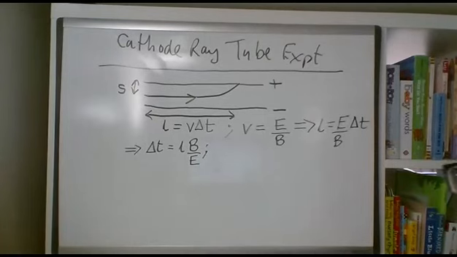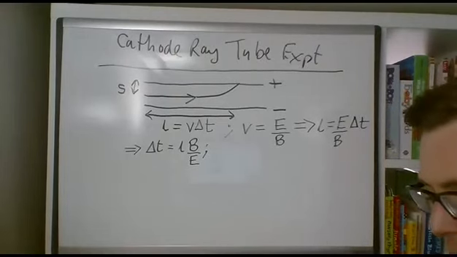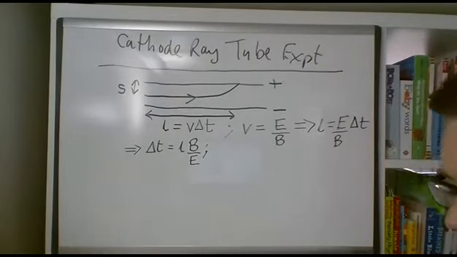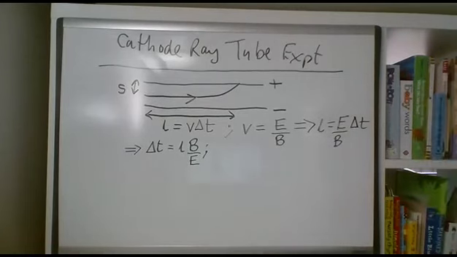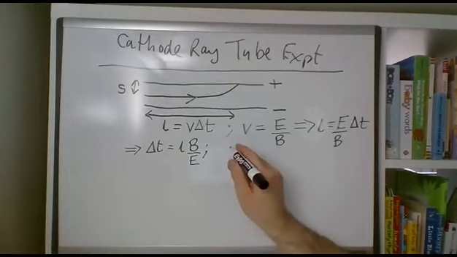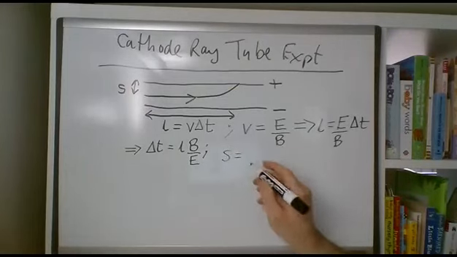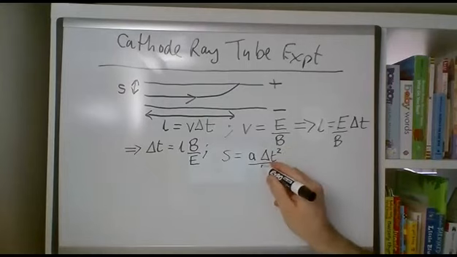Now, from kinematic equations, which we won't derive because it would be more than a Chem 65 would request, I'm just going to state one of the conclusions. If you're familiar with them from physics, that's great. If you're not, no worries. From kinematic considerations, we know that this deflection S is equal to the acceleration of the cathode ray times the time of flight squared over 2.